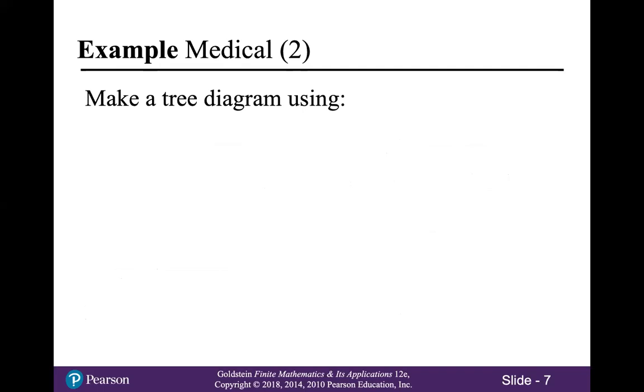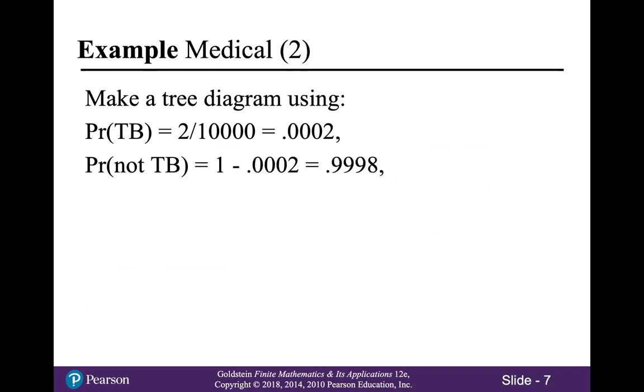All right, so we're going to make a tree diagram using these probabilities. The probability that the randomly chosen person has TB is 2 out of 10,000, or 0.0002, which means the probability the person does not have TB is 1 minus 0.0002, or 0.9998.